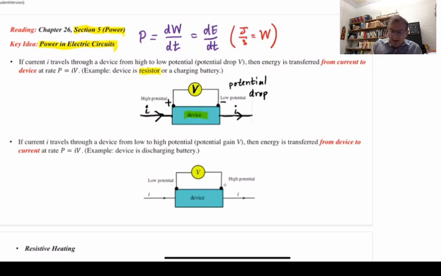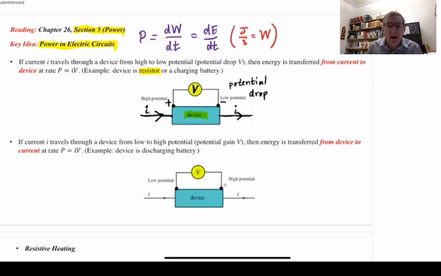Whenever you put a resistor as a device in a circuit, and current I is flowing through it, then the current will always flow from high potential to low potential through a resistor. The resistor will always gain energy from the current, and that energy will show up in the resistor in the form of thermal energy.